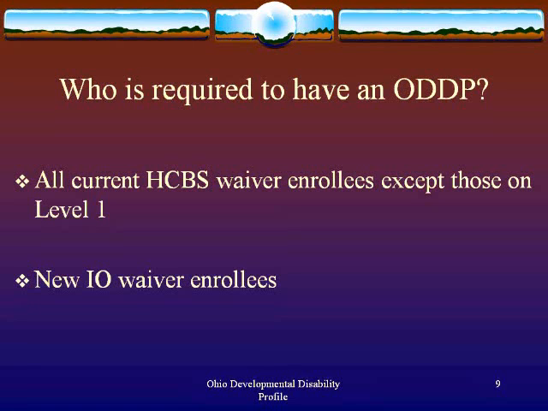But currently, all IO waiver enrollees are required to have a DDP. That doesn't mean other people can't have the assessment done. If it's done ahead of time, there's no harm. But there must be a DDP in place before the person can start their IO waiver services.